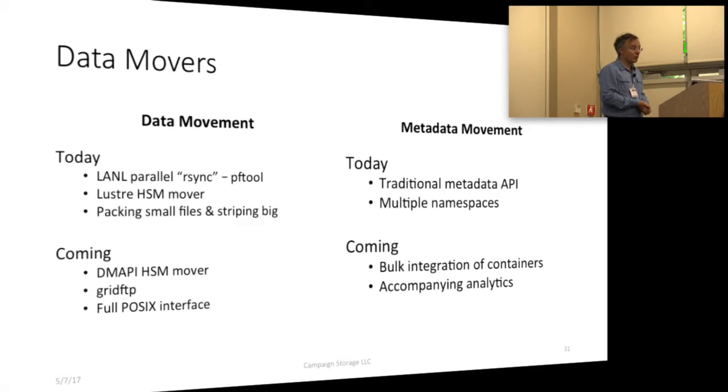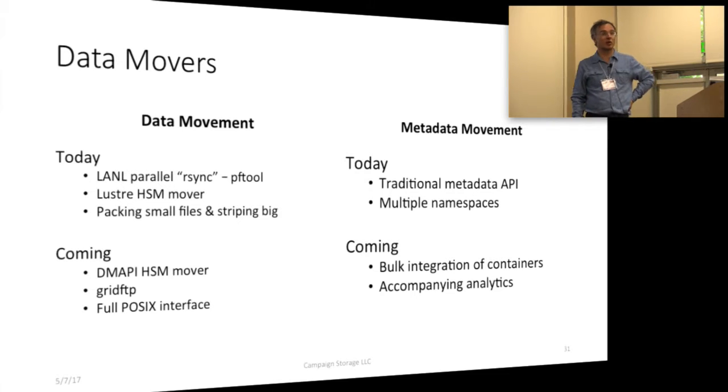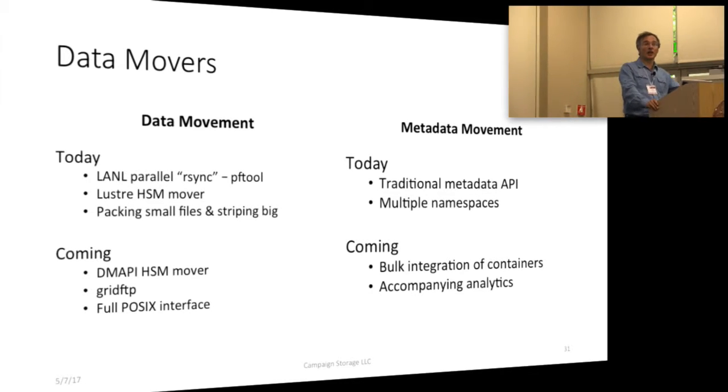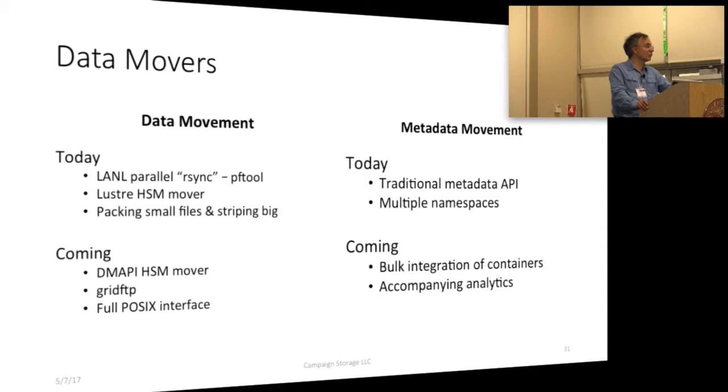What is coming here is bulk integration and striping of metadata. Los Alamos has a couple of projects. I showed you what you can do with containers. You can graft containers in a namespace, and that will allow much faster movement than you can get with individual operations. The accompanying analytics are also very important parts of moving the metadata.